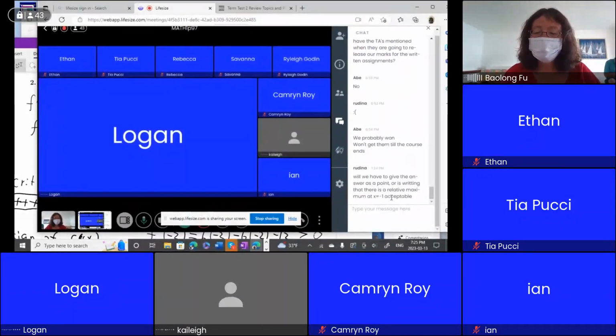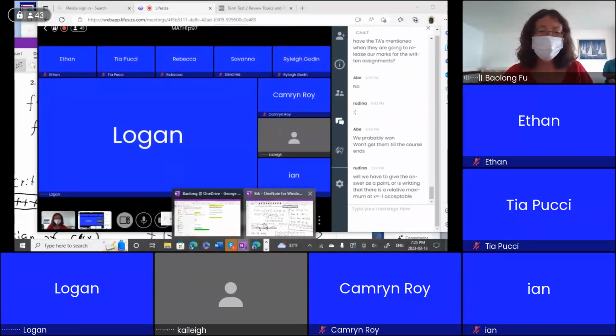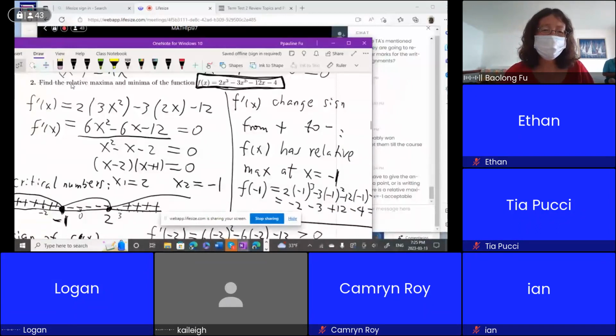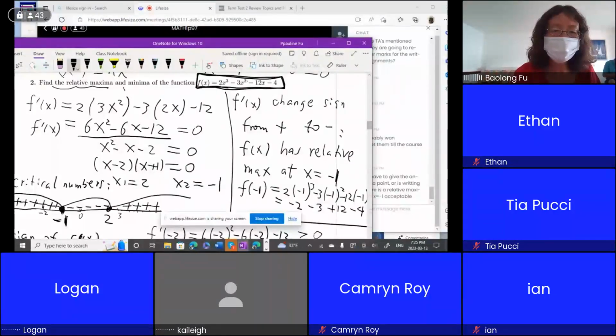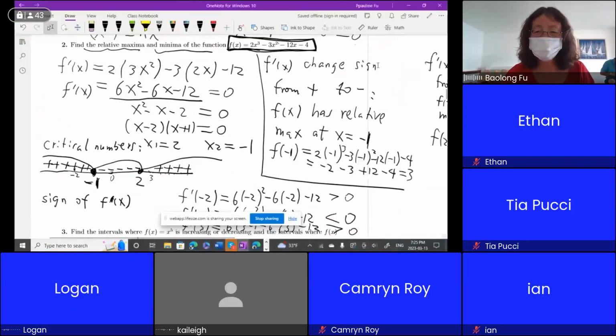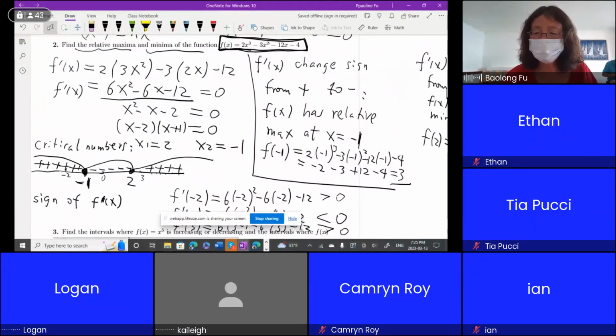Depending on how the question is asked, if the question asks you to find the relative maximum and the minimum of the function, your correct answer should be this. The maximum value is 3 when x equals -1.